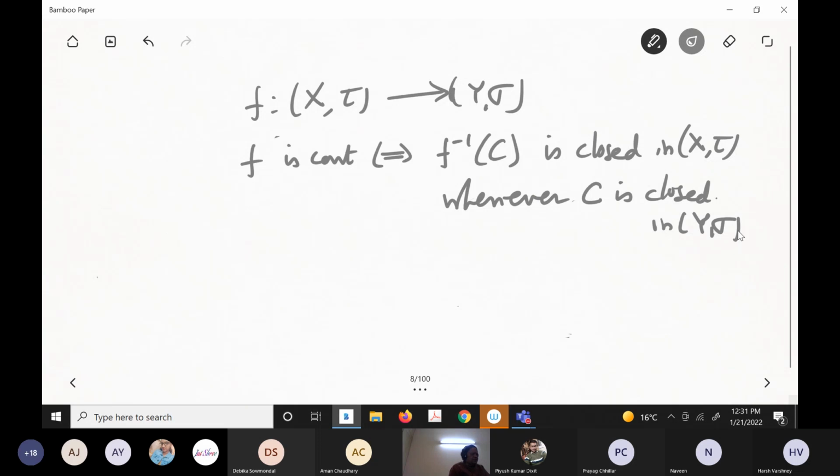You could of course ask why I had a preference for open. I do not have a preference. You could take this also as the definition. That means you could define a closed map.